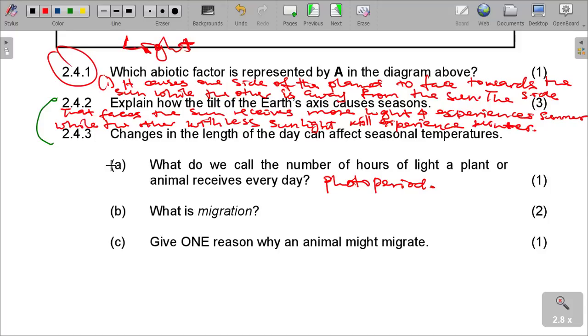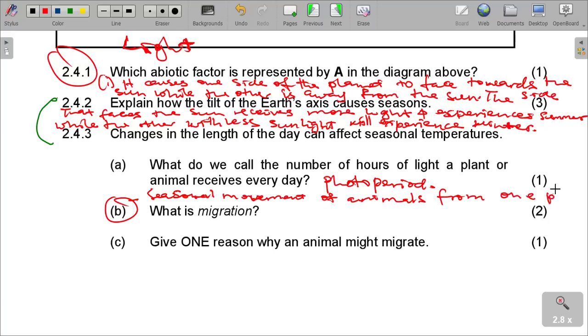Actually, migration, this 2.4 B, is the seasonal movement of animals from one place to another in response to climatic conditions.